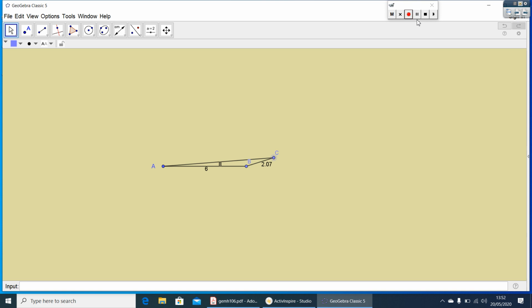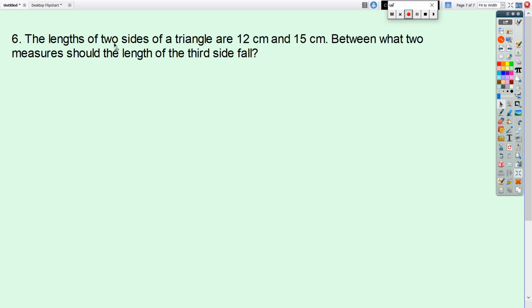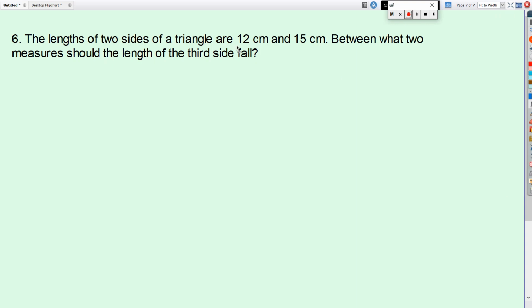Now look at the question. The lengths of two sides of a triangle are 12 cm and 15 cm. Between what two measures should the length of the third side fall? You know, it should be more than 15 minus 12 and less than 15 plus 12.